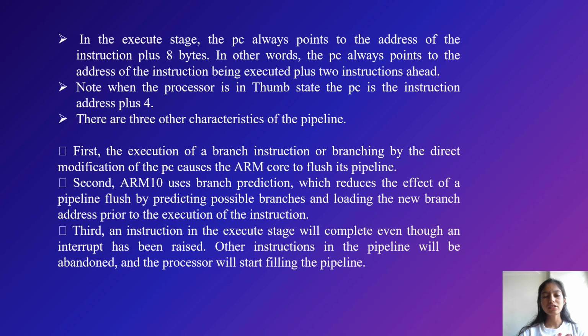Third, an instruction in the execution stage will complete even though an interrupt has been raised. Other instructions in the pipeline will be abandoned and the processor will start filling the pipeline.